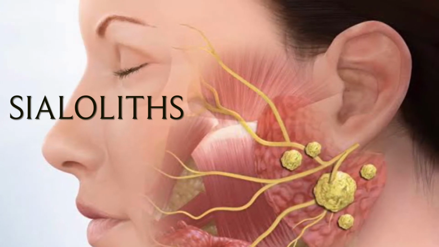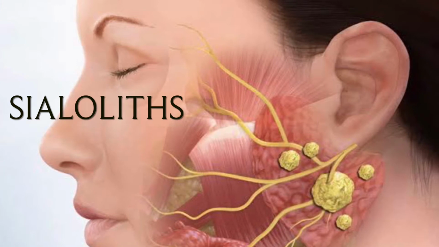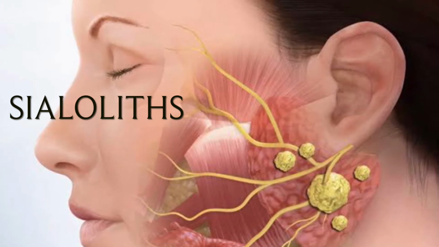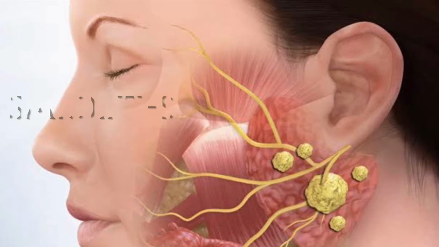Clinical and experimental research has shown that siloliths form secondarily to chronic obstructive sialadenitis. Today, I am going to discuss an unusual presentation of a right submandibular ductal silolith which has pierced into the oral cavity through the mucosa.